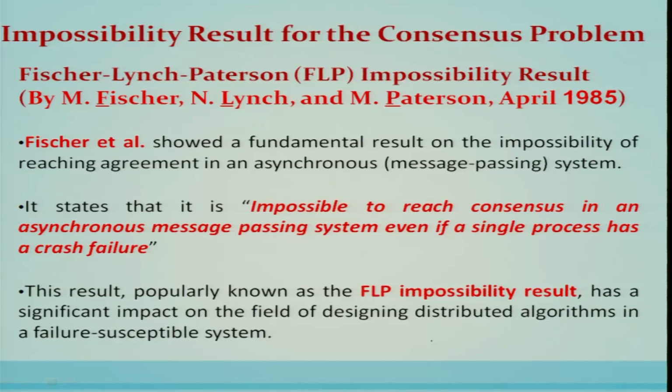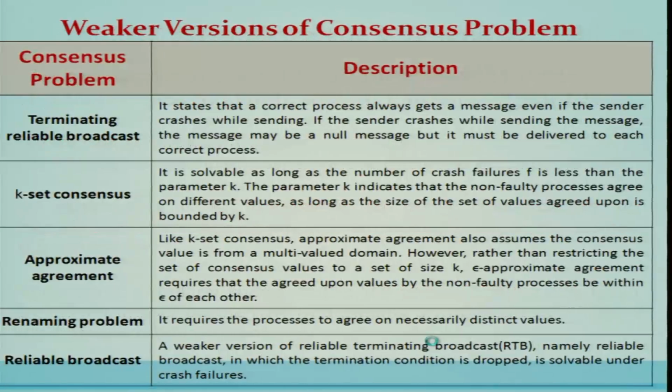It states that it is impossible to reach consensus in an asynchronous message passing system, even if a single process has a crash failure. This result, popularly known as the FLP impossibility result, has a significant impact in the field of designing distributed algorithms in failure susceptible systems.